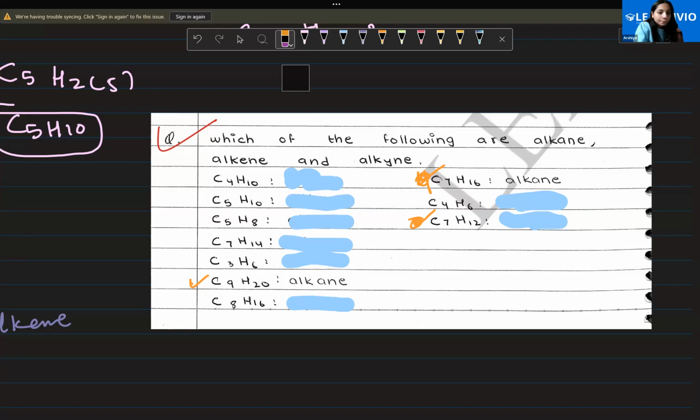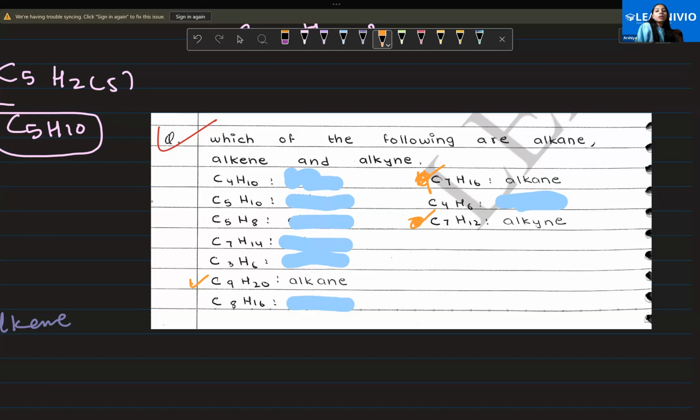Ma'am, the third one is also alkane. Alkyne. Did you get it as alkyne or did you get alkane? Calculation mistake. Okay. Did you get the right answer now or should I explain? I'll do it again. Ma'am, I got the right answer.